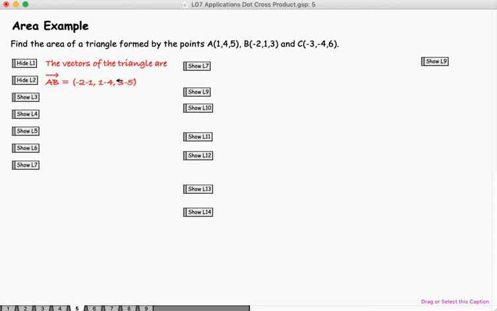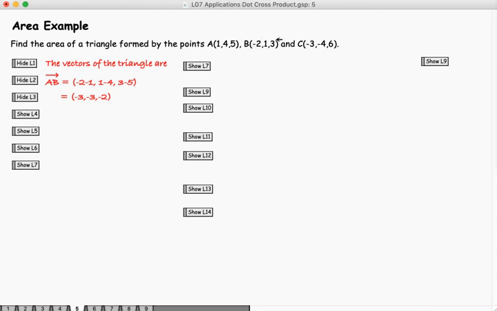So we could have vector AB be one of the sides of the triangle. In terms of finding vector AB, remember it's end minus start, so -2 minus 1, or alternately, I imagine translating this tail to the origin. So take away 1, take away 4, take away 5, and that is going to give me -3, -3, -2.